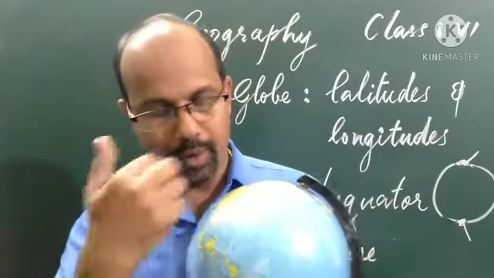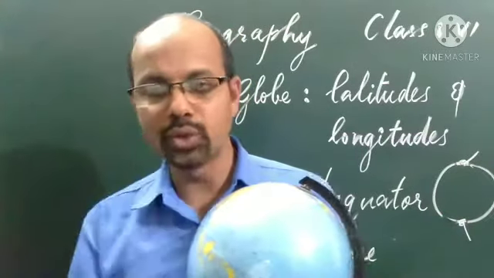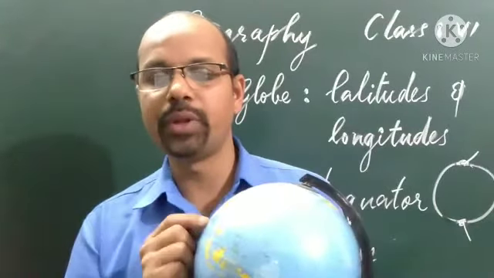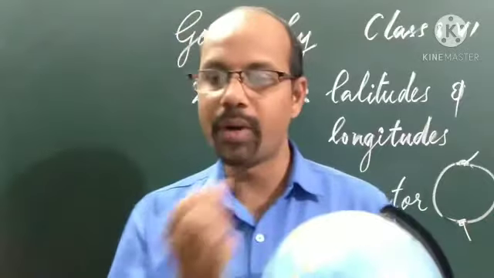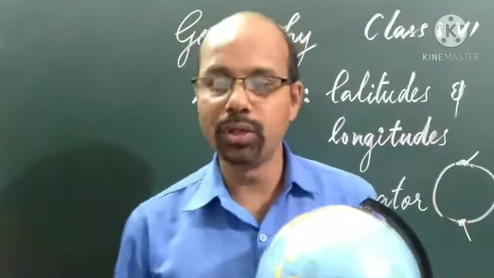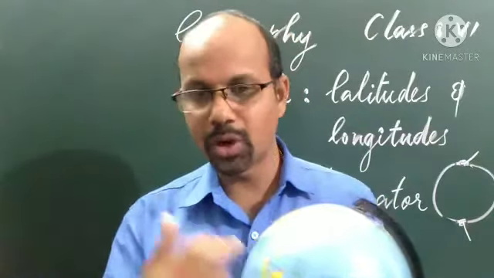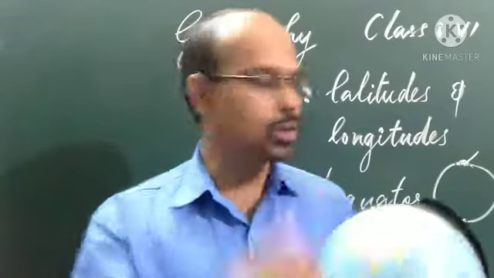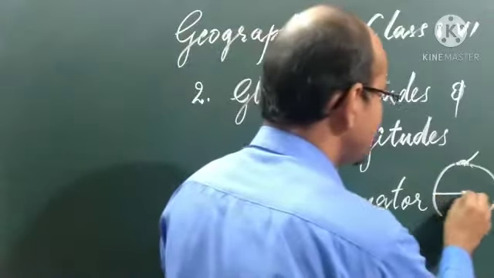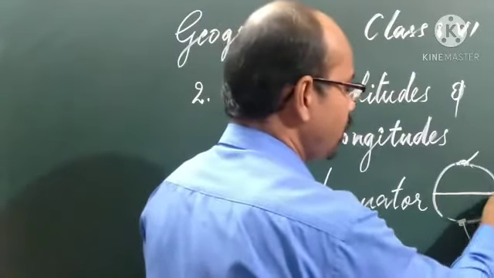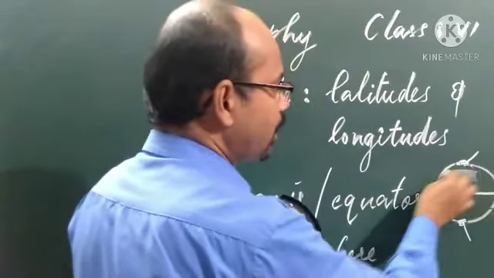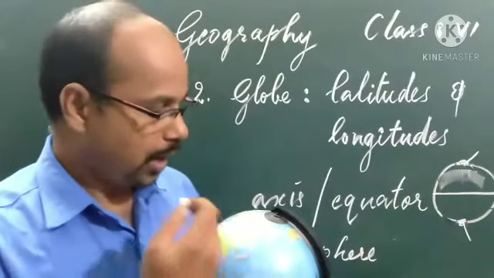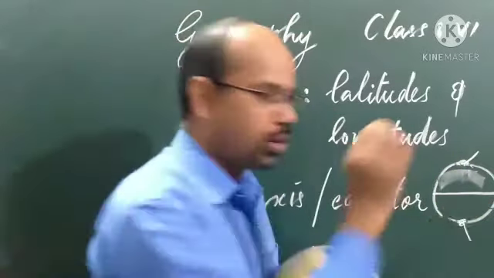So the equator divides the earth into two equal halves. The exact center of the earth, the equator is passing, so it is dividing the earth into two equal parts. The line known as the equator, and the northern half of the earth, the part lying to the north of it, and this is the south of the earth.